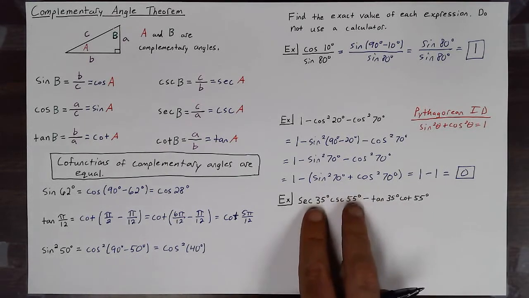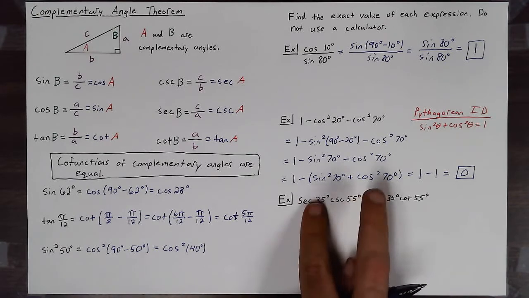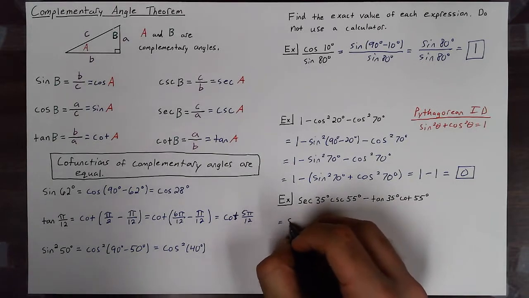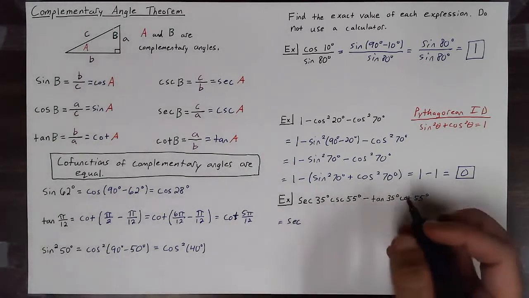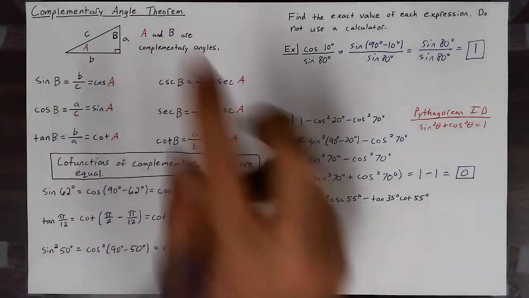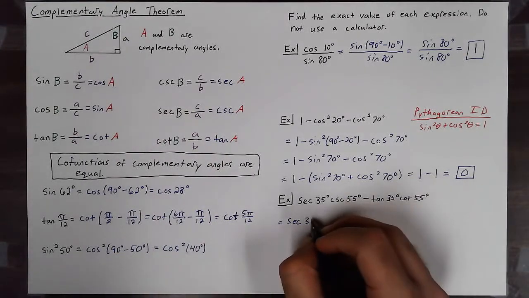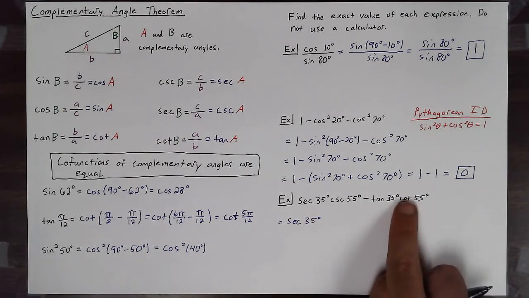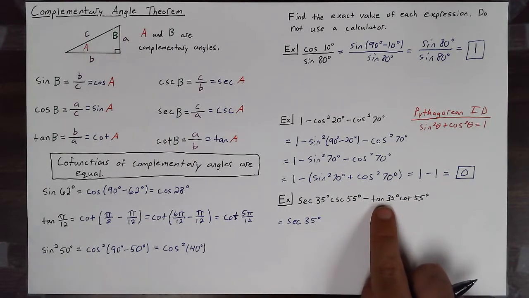Now lastly, I have several trig functions. But again, I do recognize that 35 and 55, when added together, give me 90 degrees. So these are complementary angles. So what I can do is use the complementary angle theorem to change my cosecant into a secant, to use 35 degrees, and my cotangent into a tangent so I can use that 35 degrees.